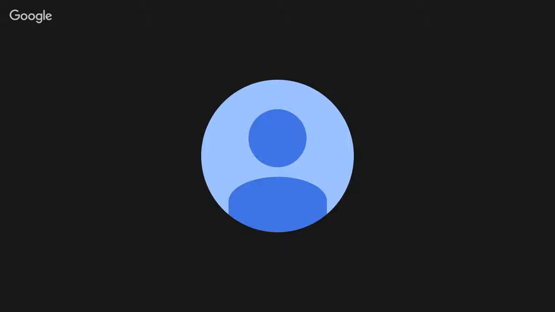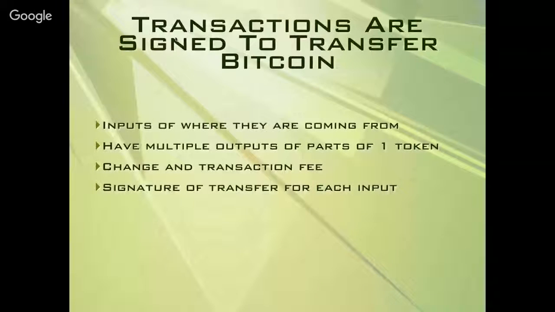Every transaction can contain multiple inputs where the Bitcoins are coming from, multiple outputs where they're going to, and the sum of the outputs has to be less than the inputs. I want to send Morpheus 0.3.